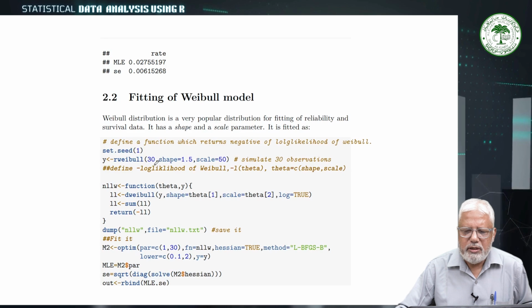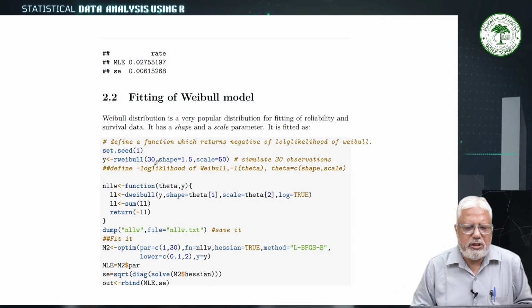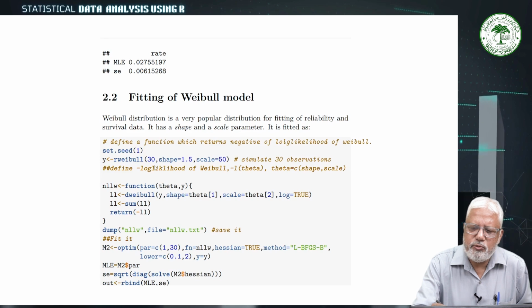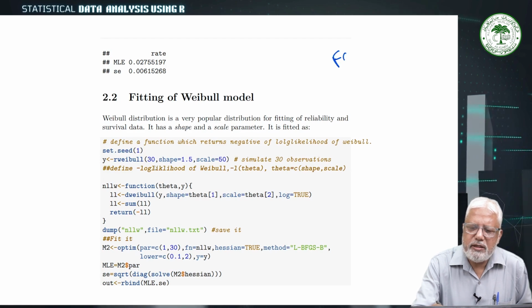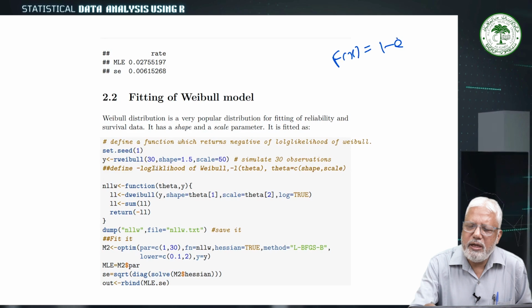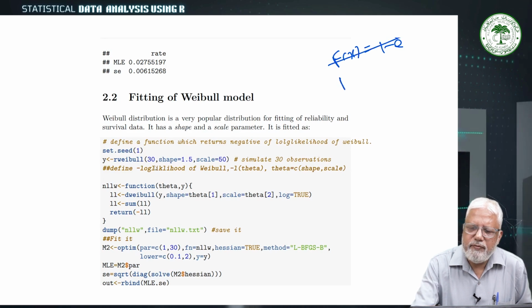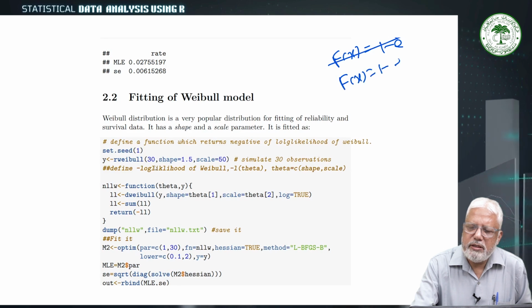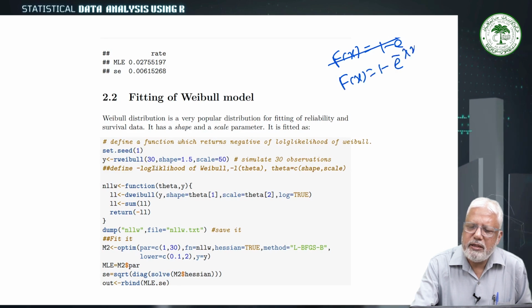scale is equal to... Weibull is an extension of the exponential distribution. In the case of exponential, the CDF is F(x) equal to 1 minus e raised to the power minus lambda x.